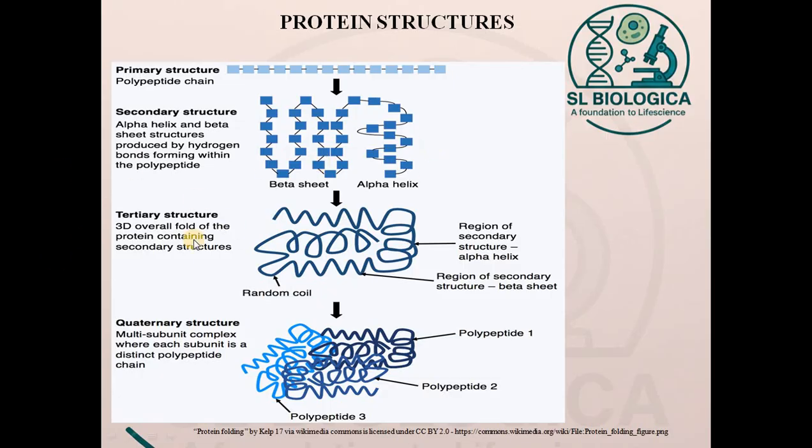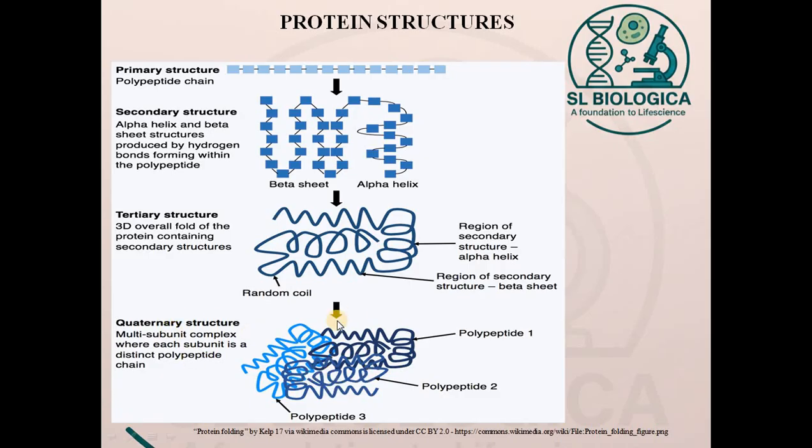Okay. Then coming to tertiary structure, this is the 3D overall fold of the protein containing secondary structure. So secondary structure again folds together to form a structure known as tertiary structure. This is a 3D form of a protein structure. Here we can see alpha helix structures, beta sheet structures, random coil. Okay, then coming to the last structure type, quaternary structure.